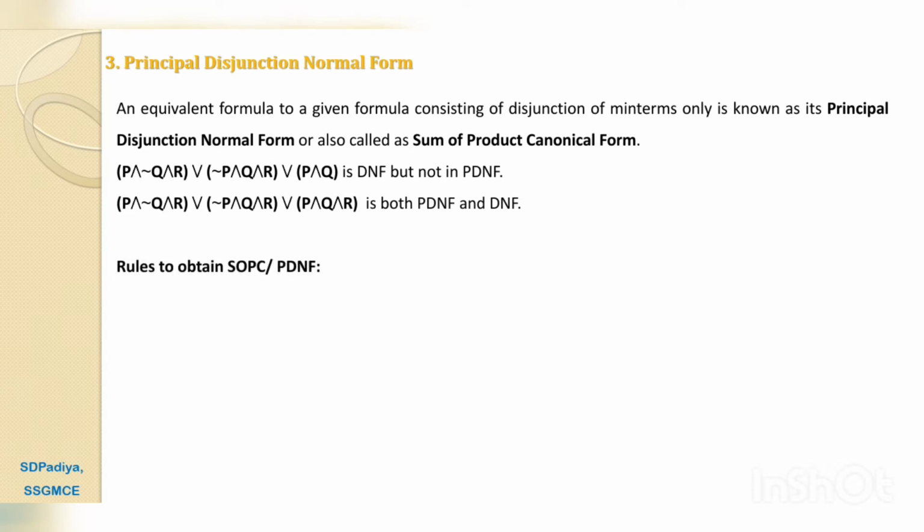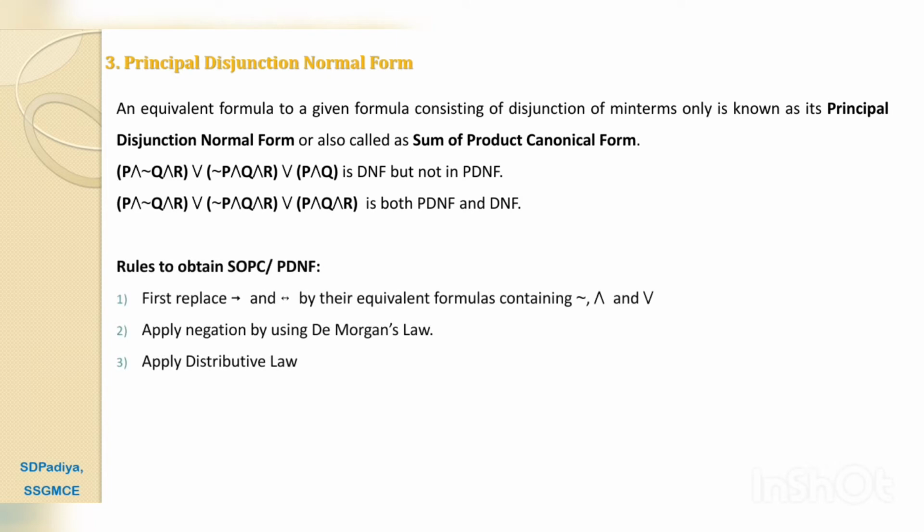Let's discuss the rules to obtain the sum of product canonical, that is the principal disjunction normal form. We are clear that every PDNF must first be the DNF. That's why in the rules we have first 3 rules which are to obtain the DNF, that is the sum of product form.